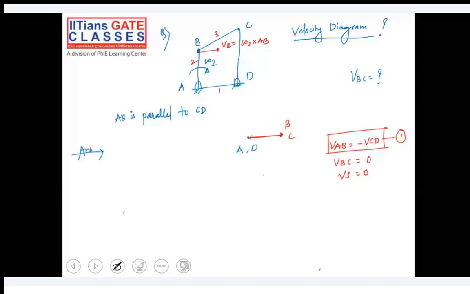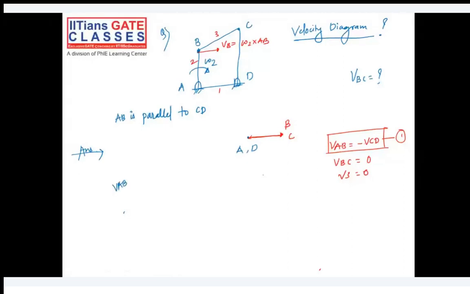So basically, see, what is velocity of AB? Velocity of AB means velocity of point B with respect to A, right? That is what we have studied in the last class. This was your A point and this is B point, for example. So velocity of point B, we are calculating it with respect to A. This distance and omega we are considering to calculate it, right?